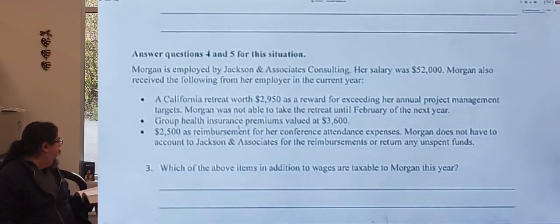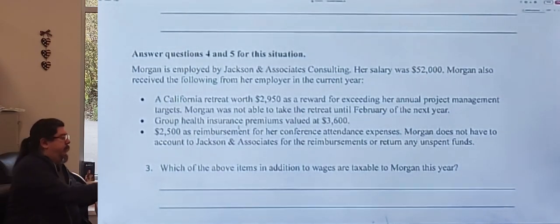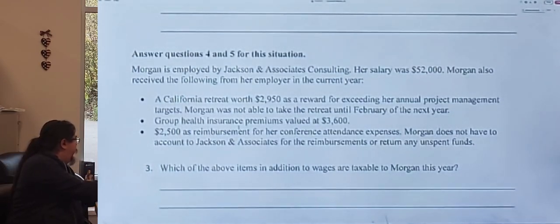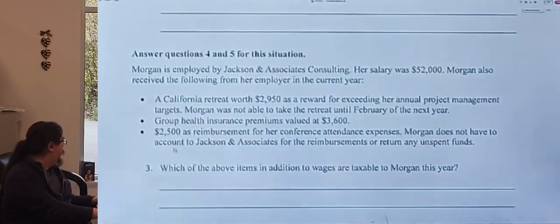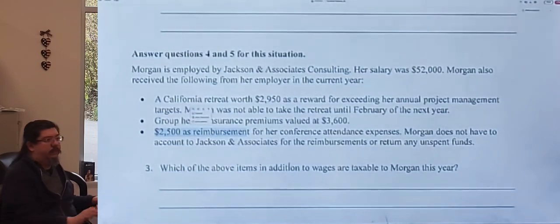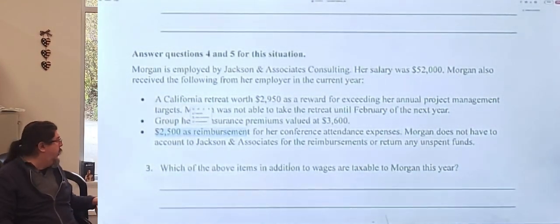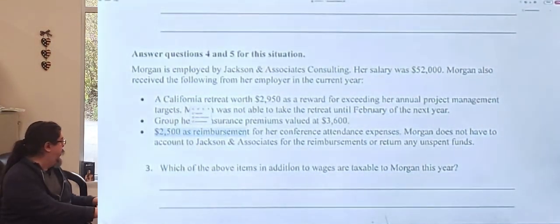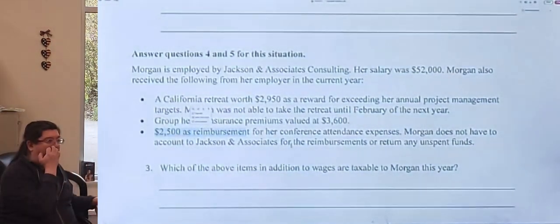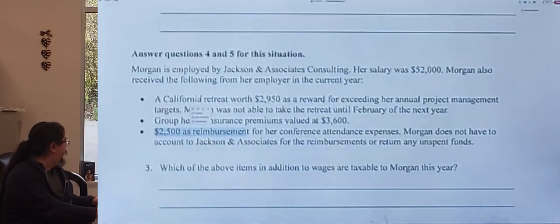Morgan does not have to account to Jackson and Associates for the reimbursements or return any unspent funds. So which ones are going to be taxable to her this year? It's going to be this reimbursement, because that's under what we call a non-accountable plan. She doesn't have to account for the funds to her employer. It would be the retreat as well.